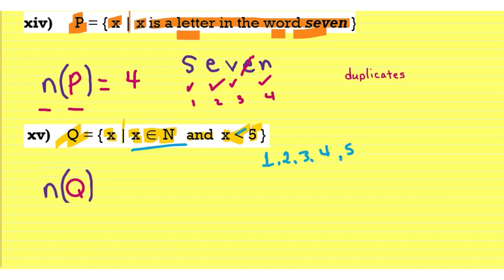But it says it's less than 5. So it does not say that it's equal to 5. So therefore, we do not include the 5. So that means I have 1, 2, 3, 4 elements, which will be included in the set Q. So that means that the cardinality of set Q is equal to 4 elements.